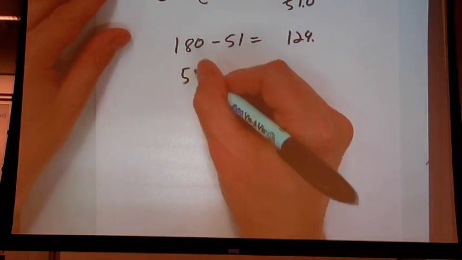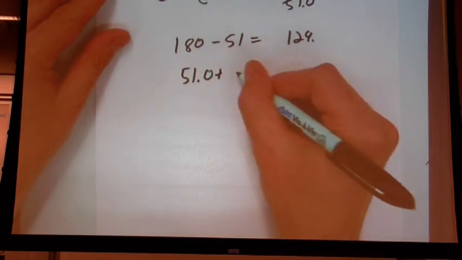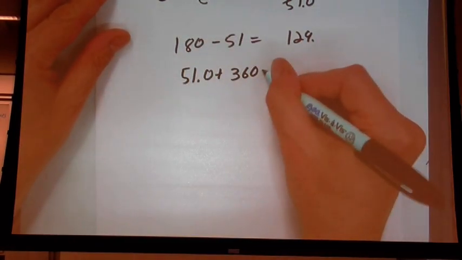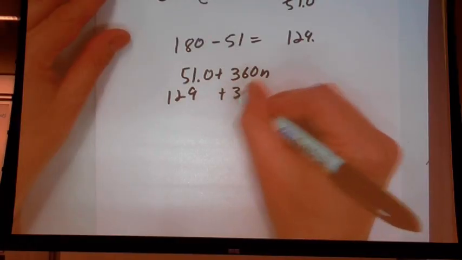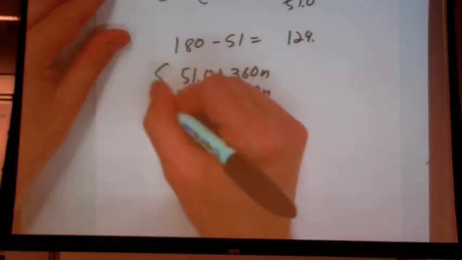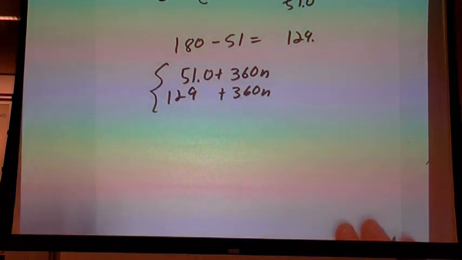And again, as before, 51 plus 360n and 129 plus 360n. That gives us all the possible angles in degrees whose sine is 0.777.